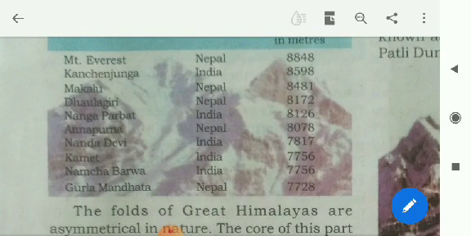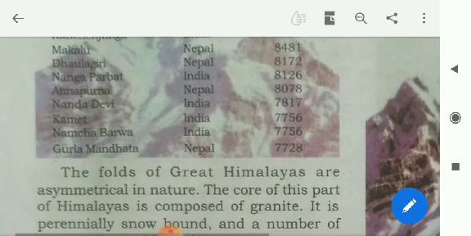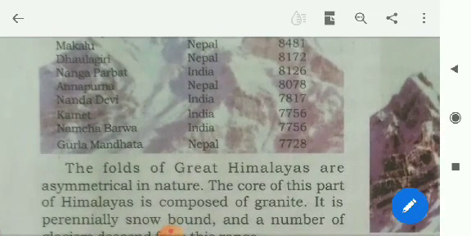Kanchenjunga, India, 8,598 meters. Makalu, Nepal, 8,481. Dhaulagiri, Nepal, 8,172 meters.